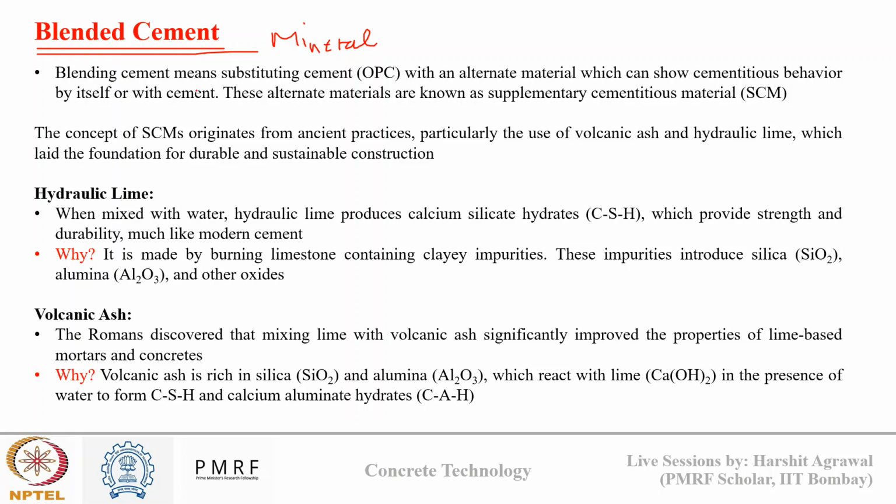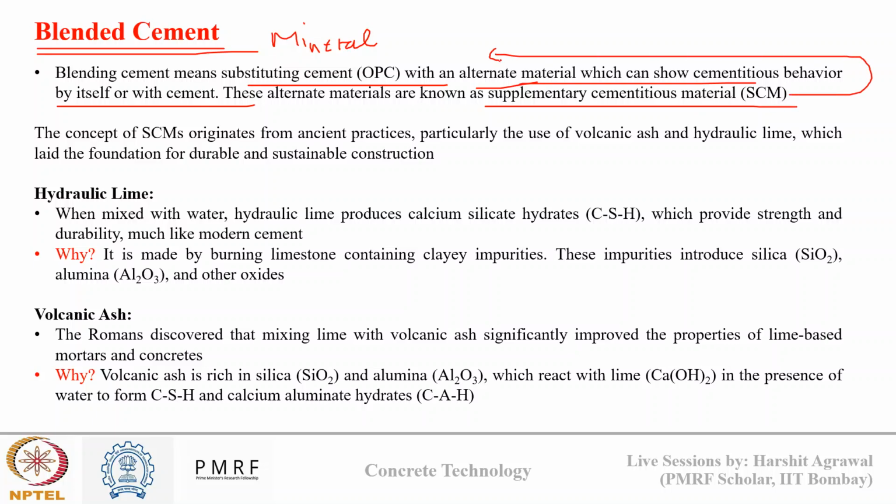So blended cement is something where we substitute OPC with an alternate material which can show cementitious behavior. And these alternate materials are known as supplementary cementitious material. Okay, so right now I will just touch upon what is blended cement. In detail, we'll talk in mineral admixture section.